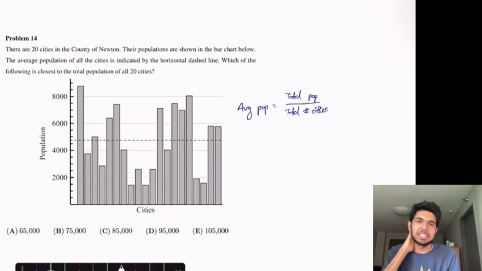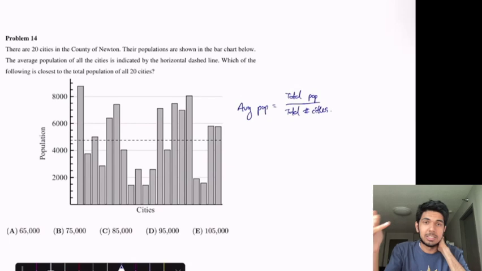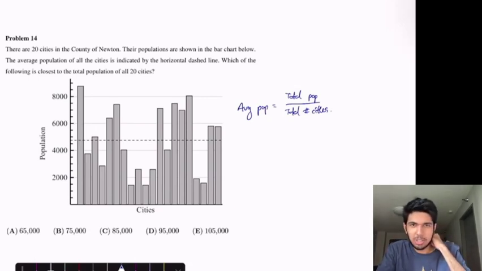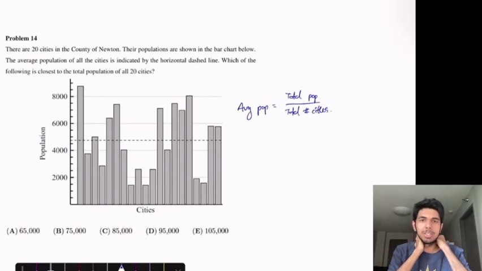Right? So why is it not the other way around? Well, if you think about it in the current form, the units will be people in the numerator divided by cities, so it'll be 1 million people per city, for example, which is good for population, right? That's a logical unit. If it was the other way, then it would be like 20 cities per person, which doesn't make sense when we're talking about population. So we're taking the total population divided by the total number of cities.